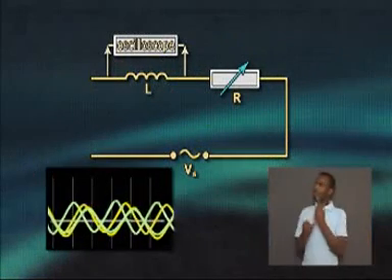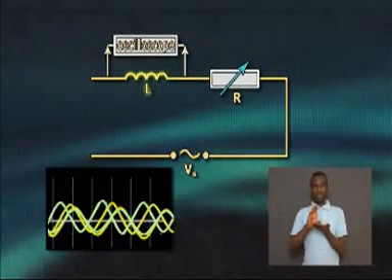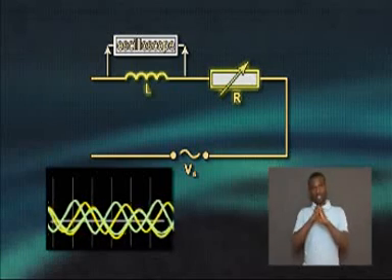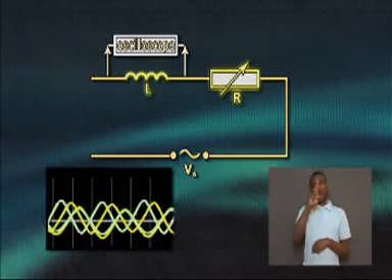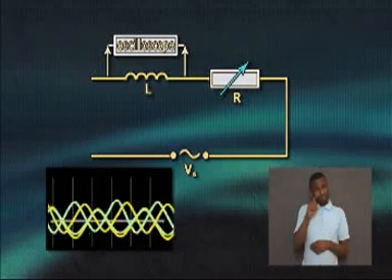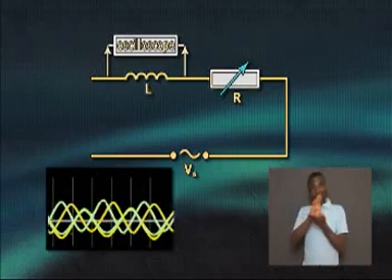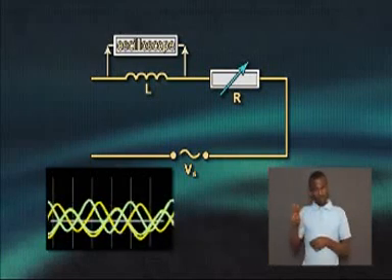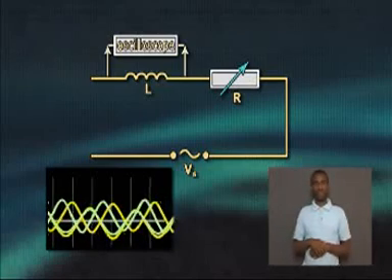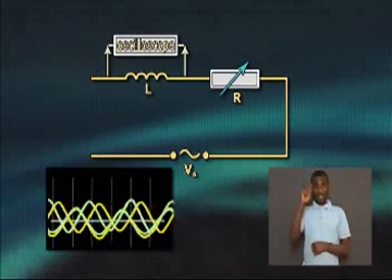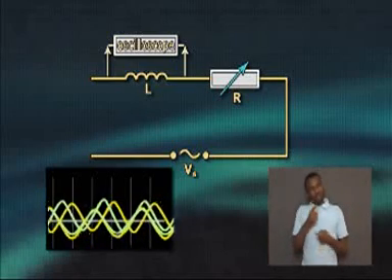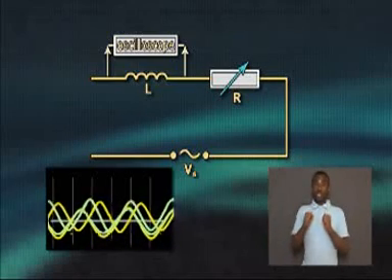Pictured here is a circuit with an inductor and a resistor called an RL circuit. In RL circuits, the waveforms are in phase, and if the resistor and inductor are balanced against each other, there is likely to be little difference between voltage and current.